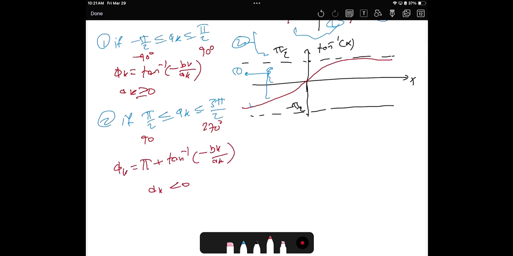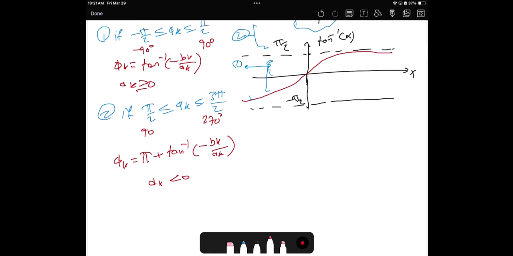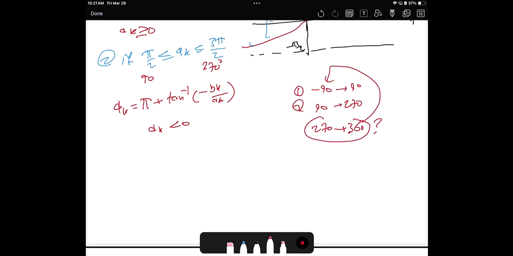So with this situation, you see these two periods. The first period, number 1, is between negative 90 and 90; number 2 is between 90 and 270. So what happens between 270 and 360, or the remaining? It is already included here. How? You can imagine this is a circle. When we go from negative 90 to 90, this is region 1.